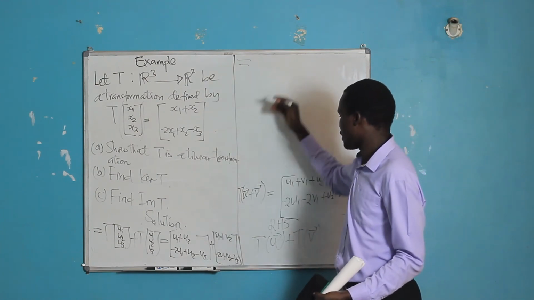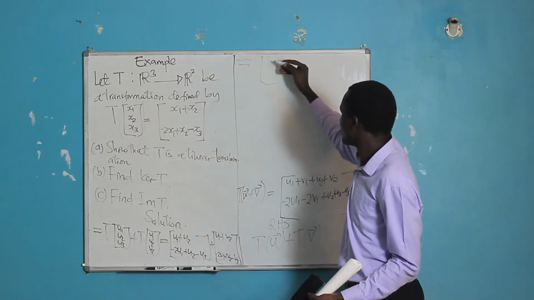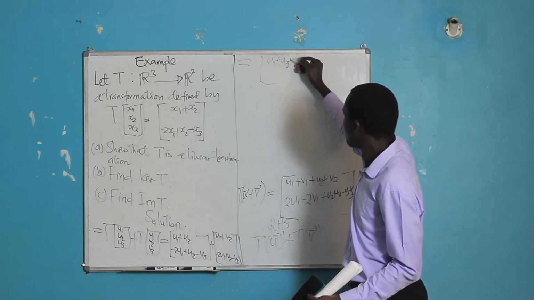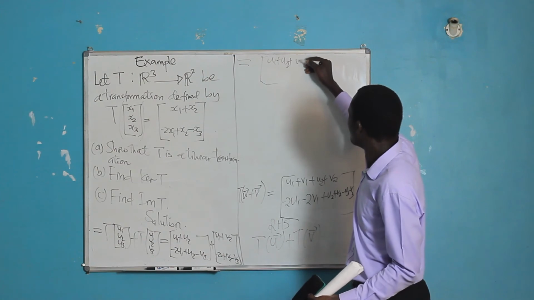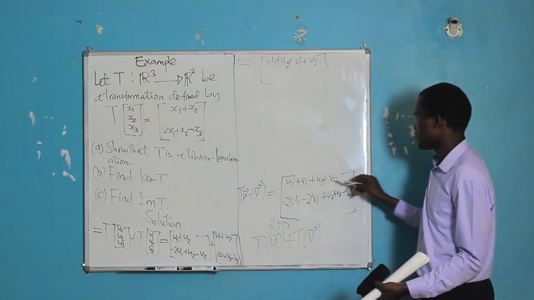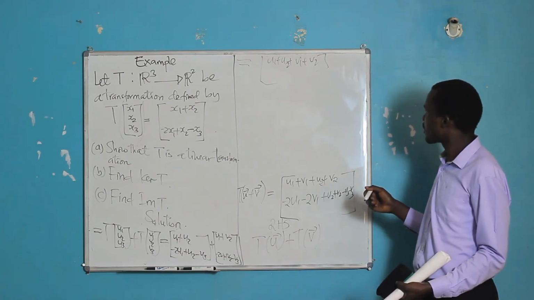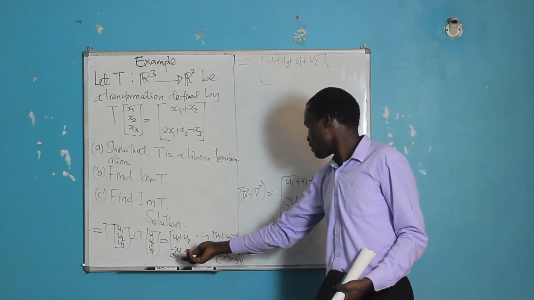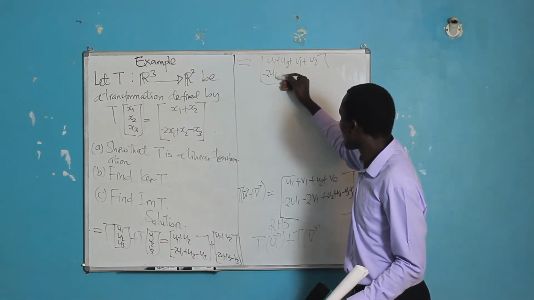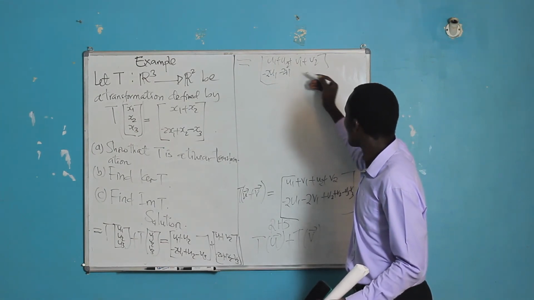Okay, adding two vectors, we are getting U1 plus U2 plus U1 plus V2. Look, the first entry has become the same. And then taking this one with this one, we get negative 2 U1 plus 2 U1.